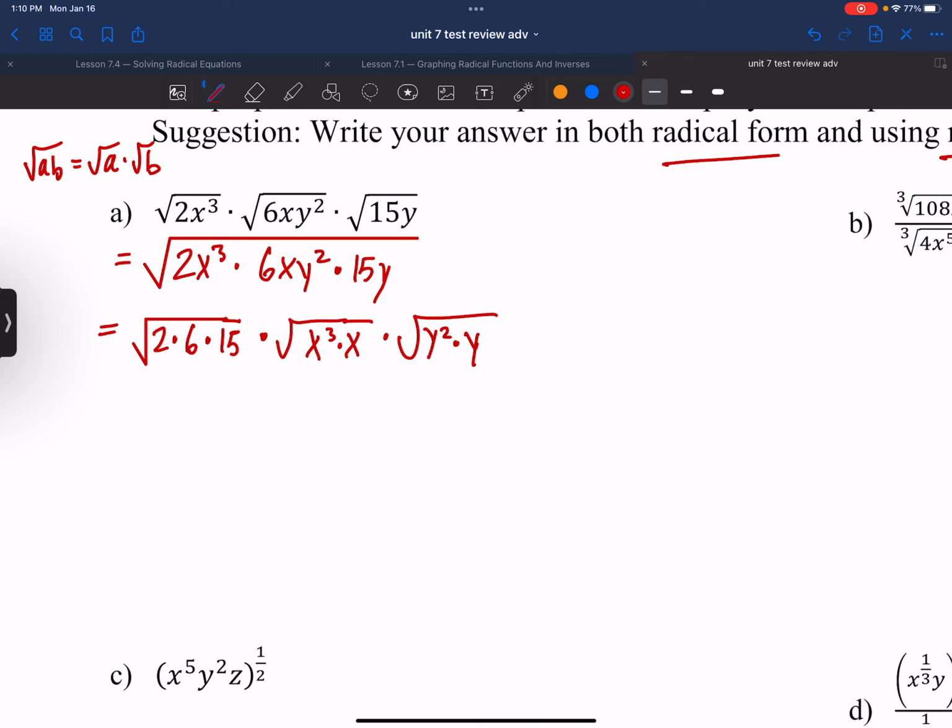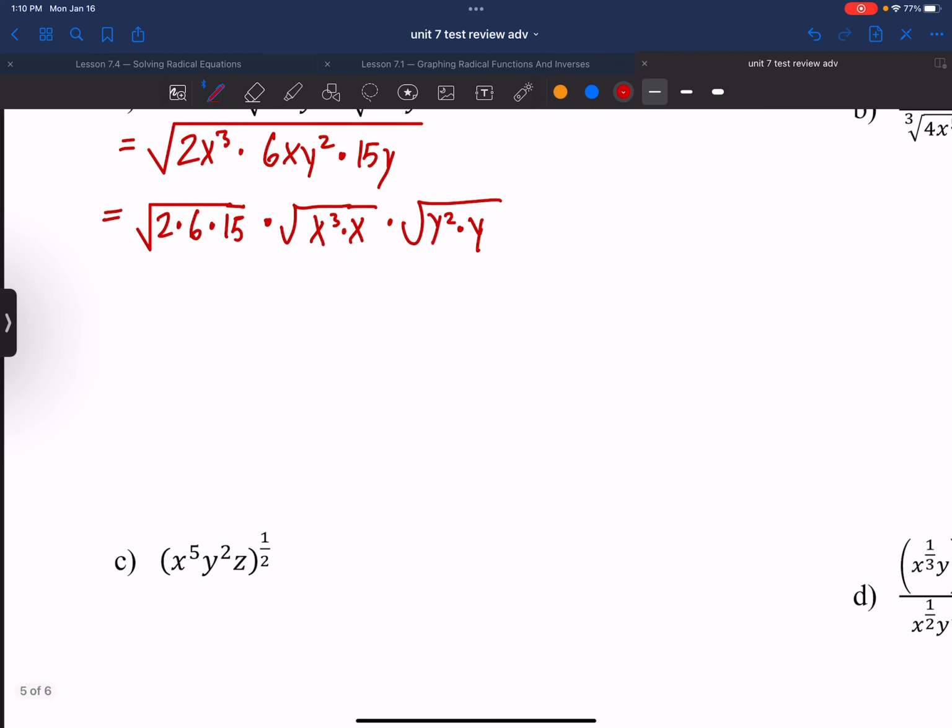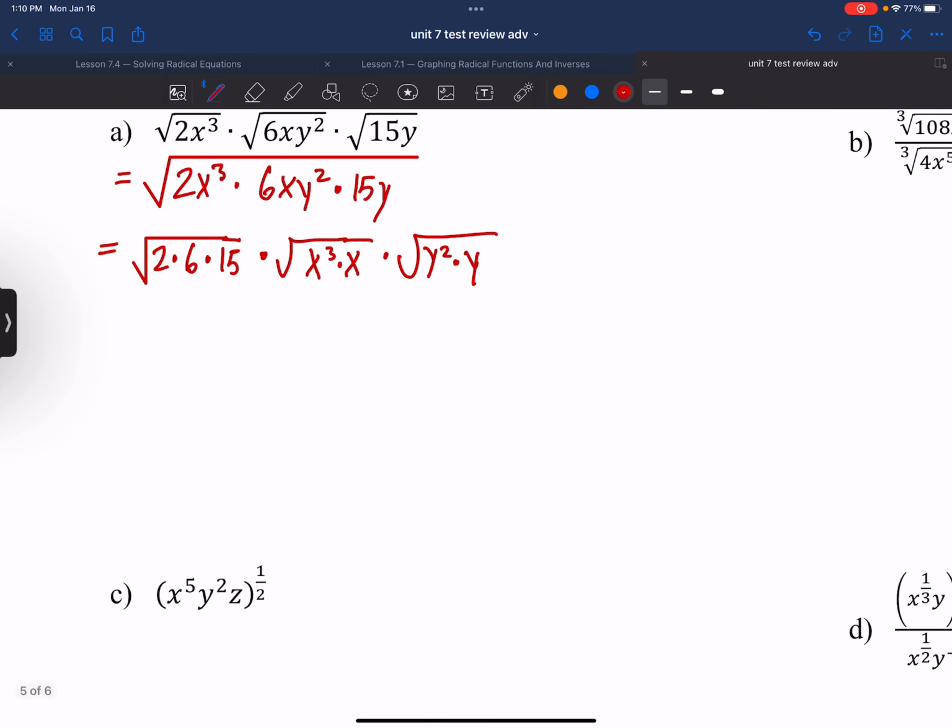This way I can break down the problem and analyze it piece by piece instead of looking at every single thing all at once. Now, 2 times 6 times 15, think smarter, not harder. Don't actually multiply 2 times 6 to get 12 and multiply that times 15.